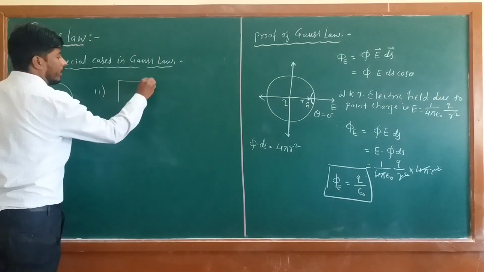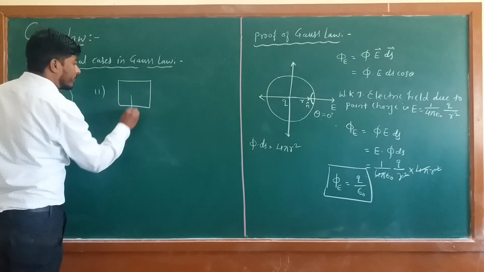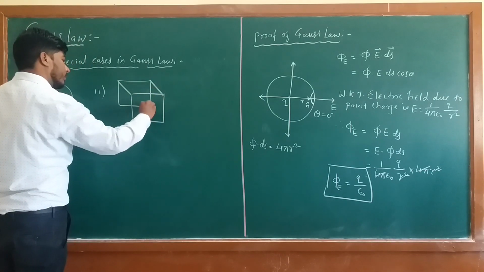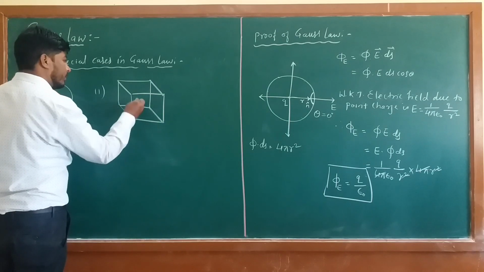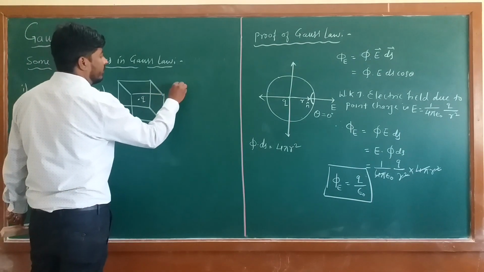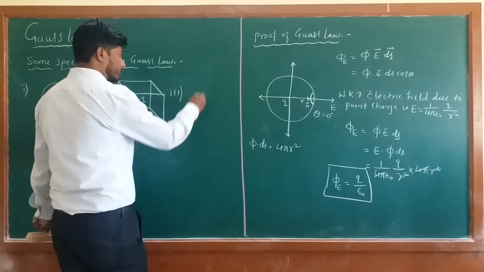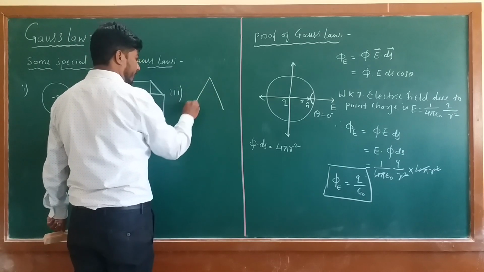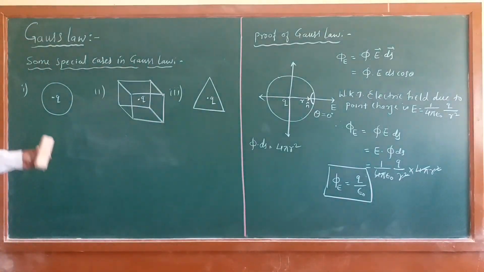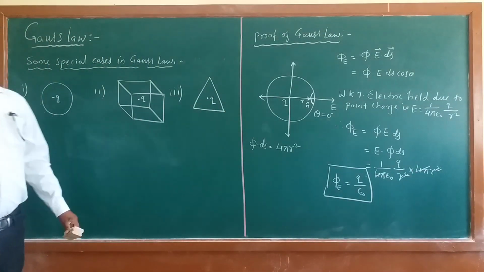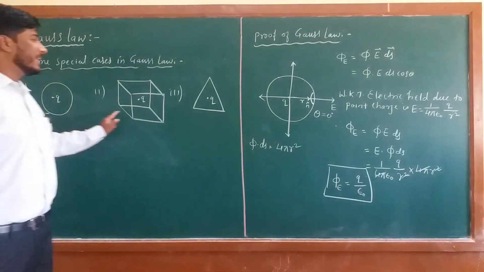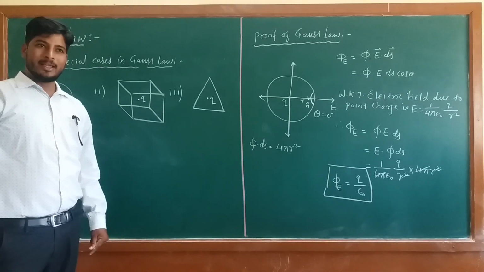Second, there is one more closed surface, and this also encloses charge Q. There is one more. In all three, the surface encloses charge Q. What will be the electric flux in all three cases? Can you imagine? Can you guess?